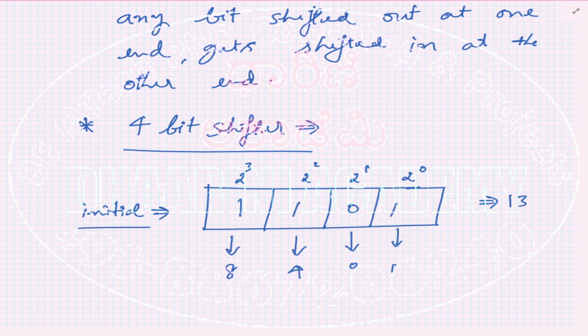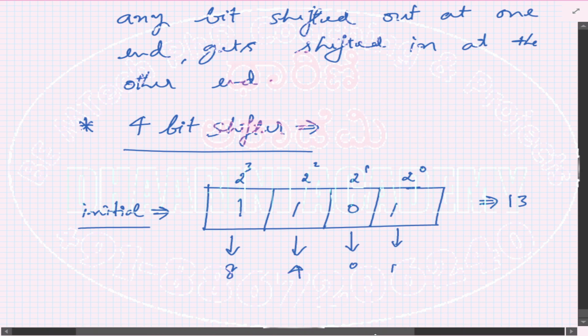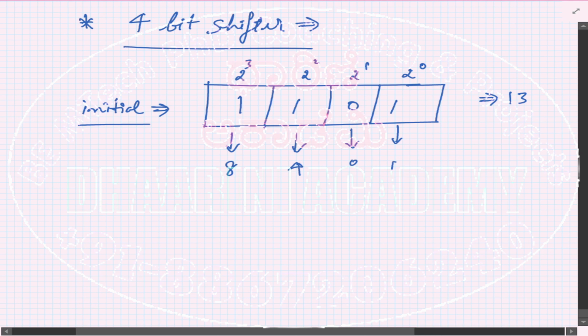Fine. So now let me assume that I want to make a shift. Let's assume that I want to perform 1 bit left shift, and I want this to be end around.